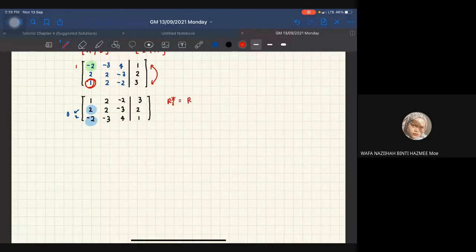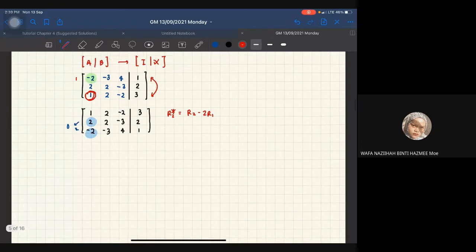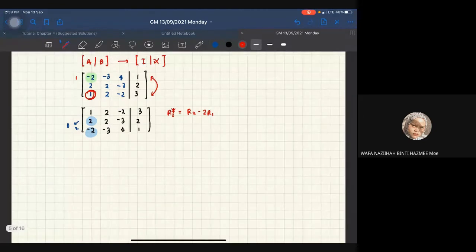Okay, so hari tu ingat tak saya ajar awak, saya cakap awak guna row dekat sini, this one over here, R1 ni, awak mesti guna row yang ada leading diagonal for that column. Okay, so cara mudah lagi satu untuk awak ingat is awak guna fixed row. Maksudnya row yang tidak berubah. So dalam case kita sekarang ni, row yang tidak berubah is row yang pertama.